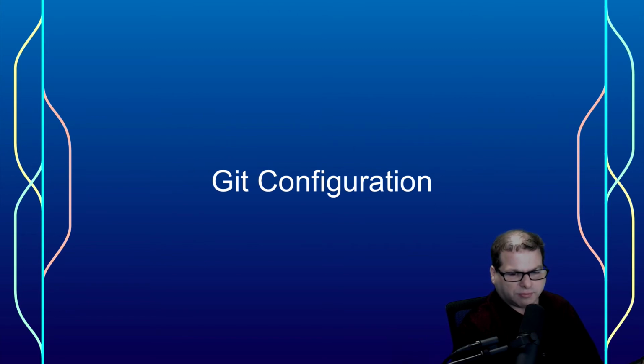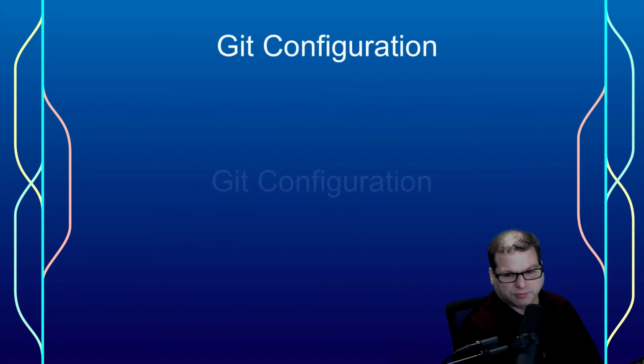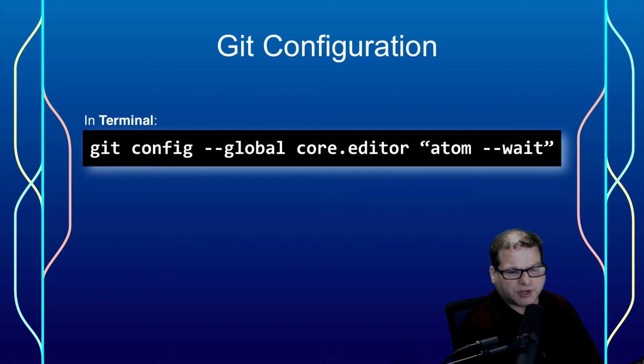Alright, main event, the Git configuration, which is probably the most important part to listen to. For the Git configuration, I simply run the command git config --global core.editor, then within double quotes, atom --wait.